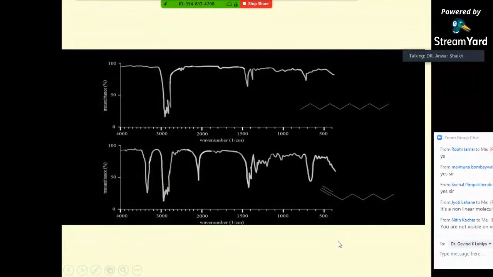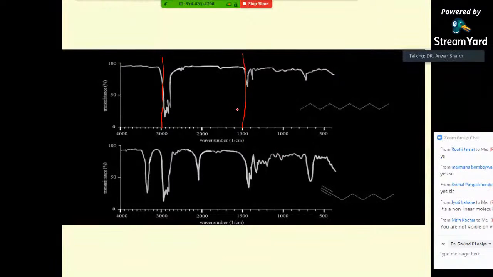So let us take one example. Take the molecule decane: CH3, CH2, CH2, CH2, CH2 and then CH3. This is a decane molecule, a simple straight chain alkane. If you see how to solve the spectra, whenever you are getting a spectrum, you do one thing. You draw a line at 3000 and draw another line at 1500.